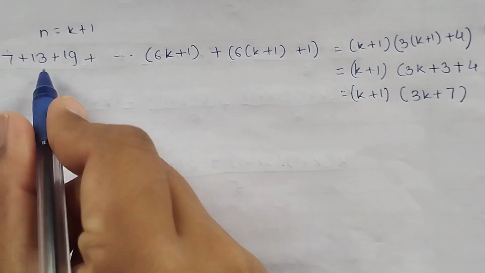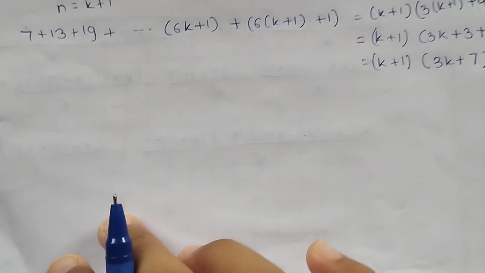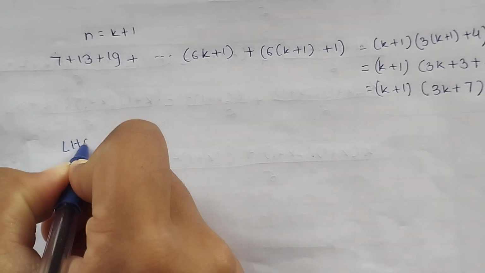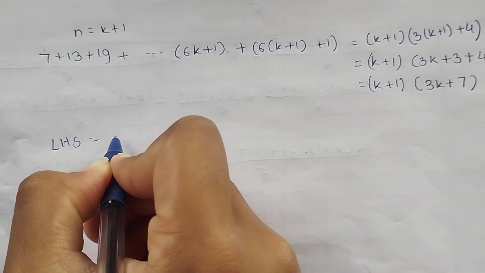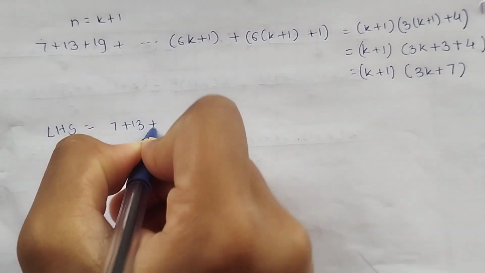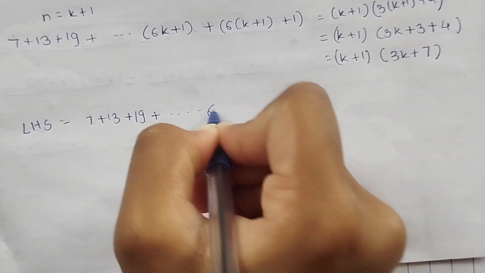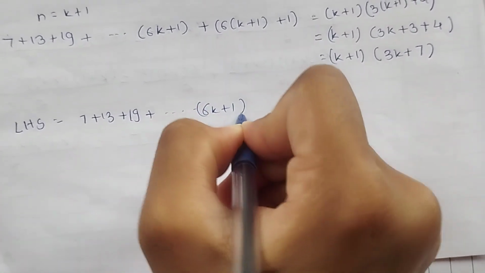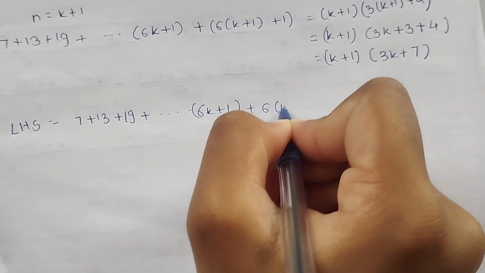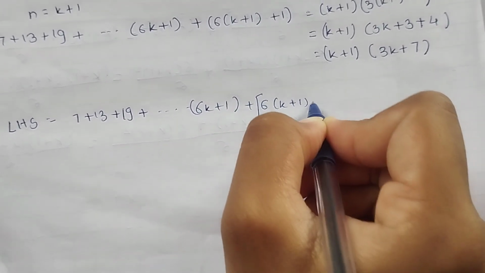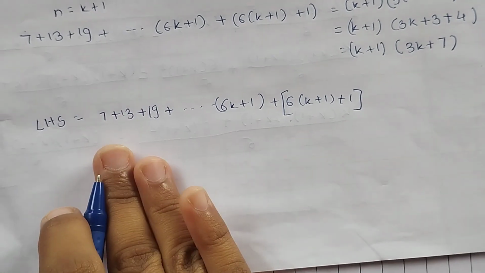This is RHS and this is the LHS. Now we put LHS. LHS is equal to 7 plus 13 plus 19 plus up to 6k plus 1 plus this 6k plus 1 plus 1. This is our LHS.